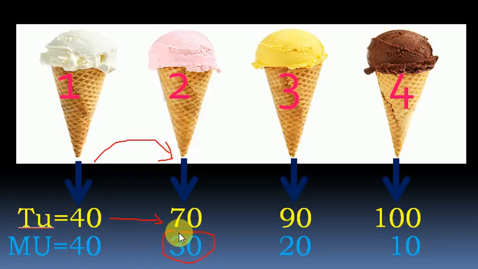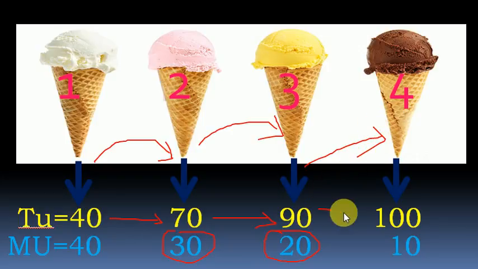When Mr. X consumes an extra unit, it means when he consumes the third ice cream, we can see that the change in total utility is 20 utils. So the third ice cream gives 20 utils of marginal utility. When Mr. X consumes the fourth ice cream, the total utility increases to 100 utils.